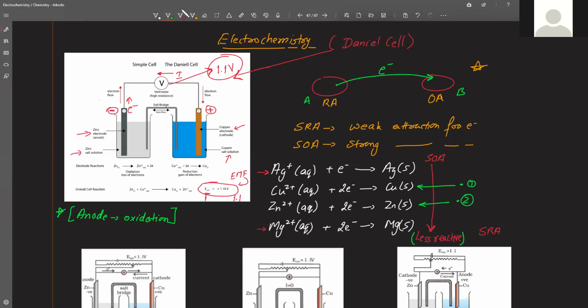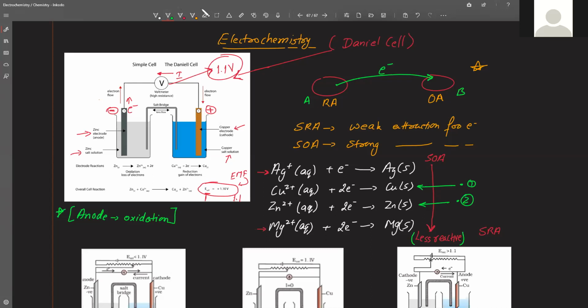It is reaction 2, that is Zn2 plus accepting 2 electrons is difficult as compared to copper 2 plus accepting 2 electrons, right? And accepting electrons means what? Reduction. That means out of Cu2 plus and Zn2 plus, which one favors reduction? It is the Cu2 plus, right, from this table.